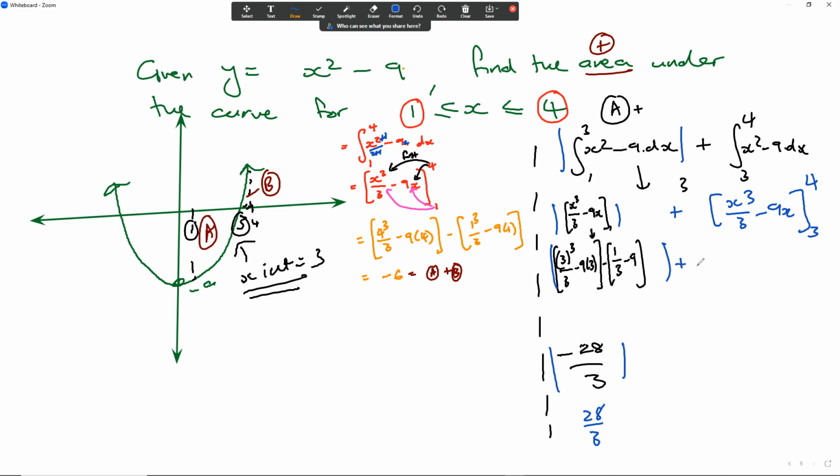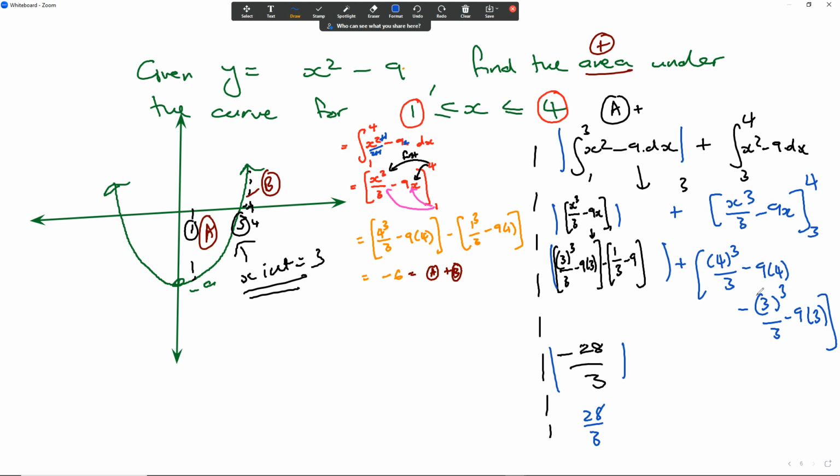So this is going to end up, let's say we got 4 to the power of 3 over 3 minus 9 times 4 minus 3 to the power of 3 over 3 minus 9 times 3, like that. All right. And so this ends up next as this.